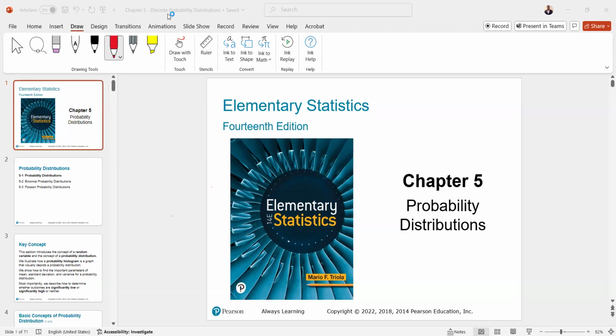But for this one, we're going to find the probability, then find the population mean, mu, and population standard deviation, sigma.